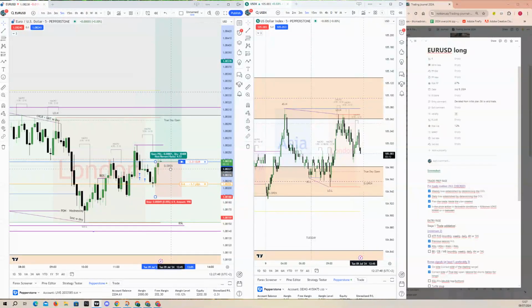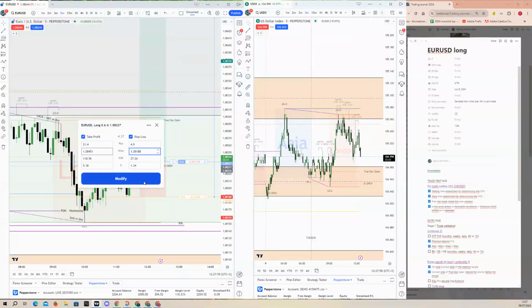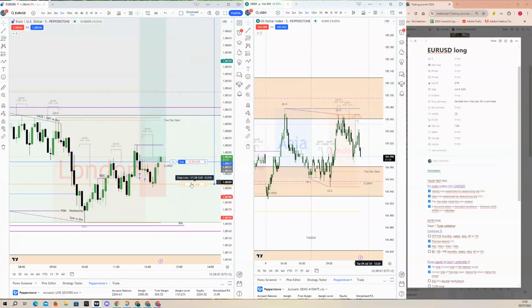Anyway, not ideal. My initial stop loss was there, which would have been a 1.2% risk on my capital, but I already moved it a little bit because I wanted to draw down of quite a lot actually.